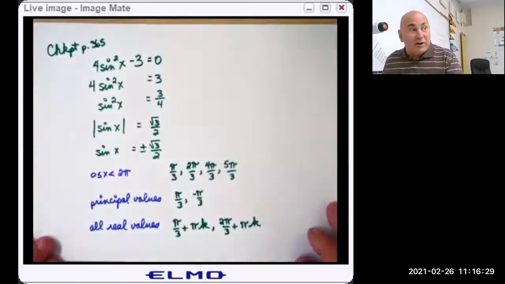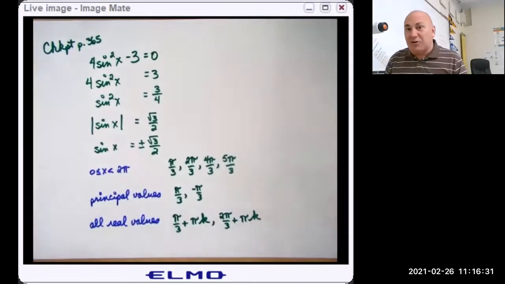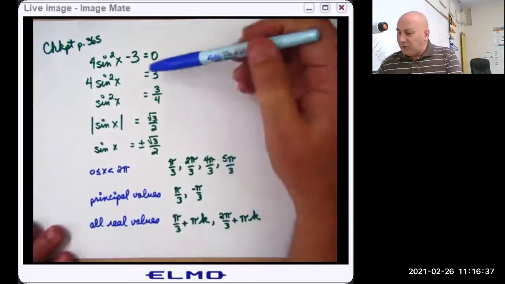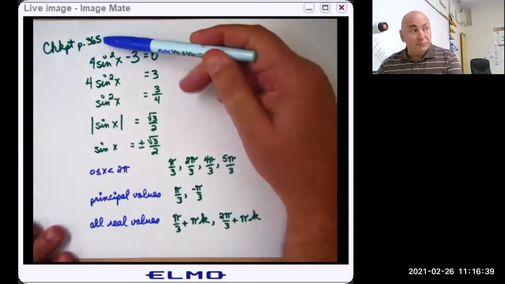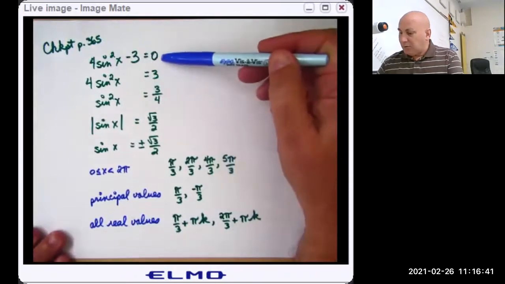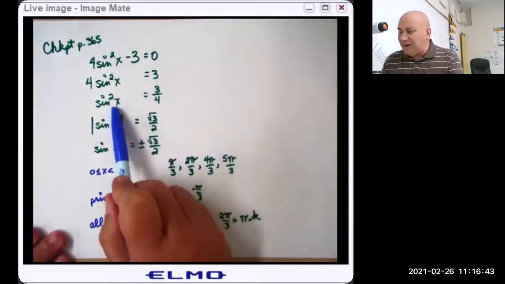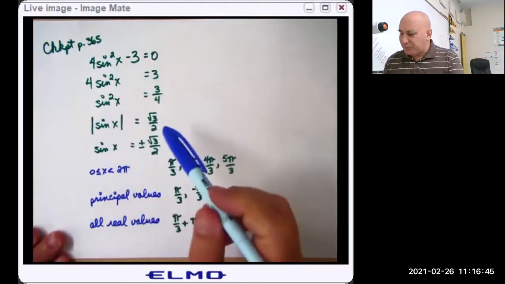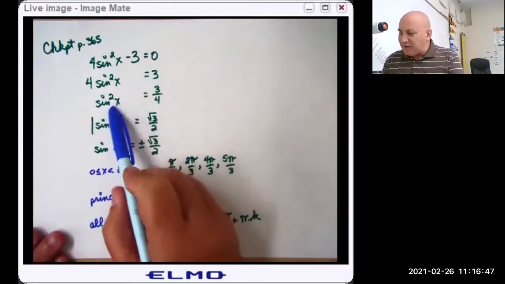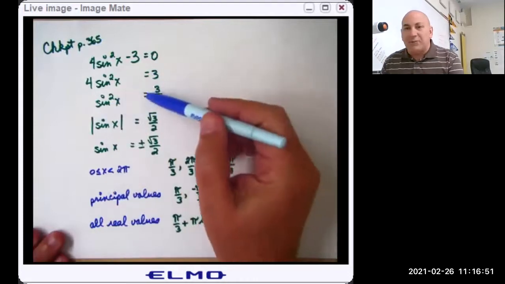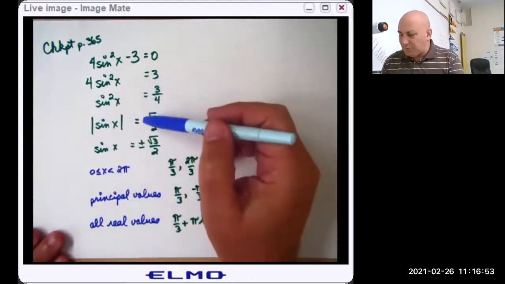So now again, we are combining our algebra knowledge and our trigonometry knowledge into the same problem. So here's a problem. We start solving, and when we get down to this step, when you take the square root of sine squared, some of you just want to put plus or minus over here.